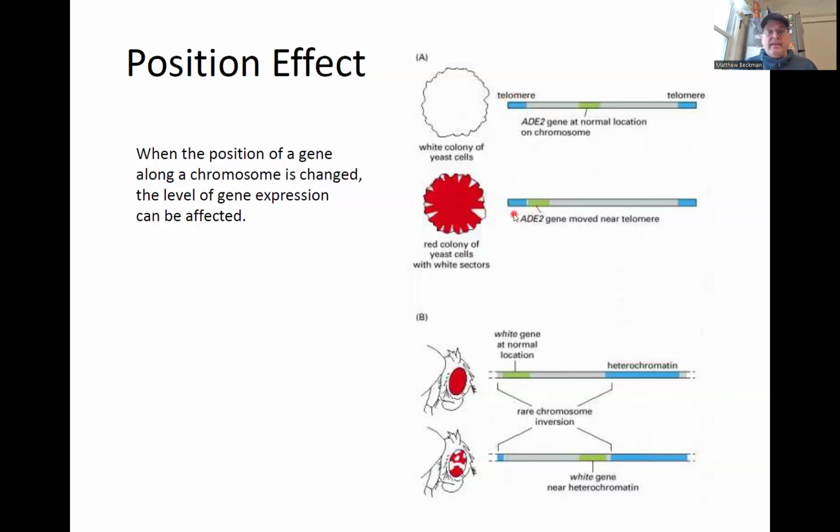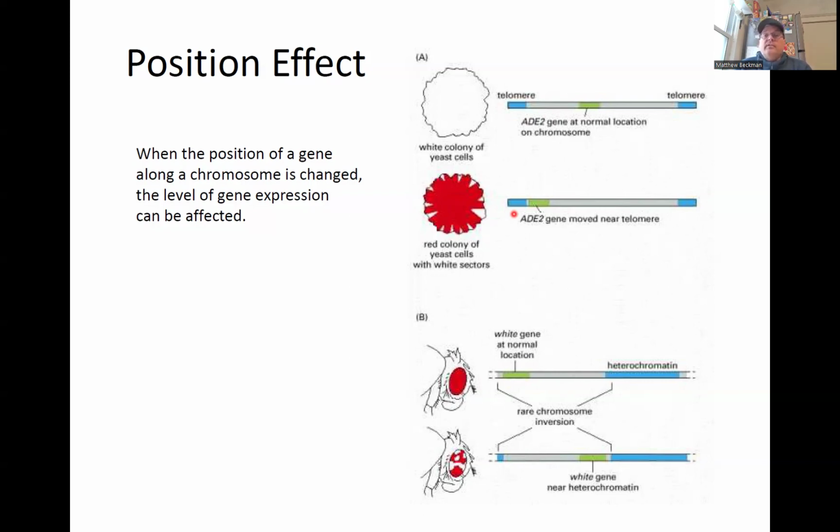What happens when the ADE2 gene is not functioning? It's part of a big biochemical pathway. And if it gets plugged up, that is the ADE2 gene is blocked, all the products are still formed and they're trying to go through this chemical reaction, but they build up because there's an enzyme called ADE2 that's missing, okay?